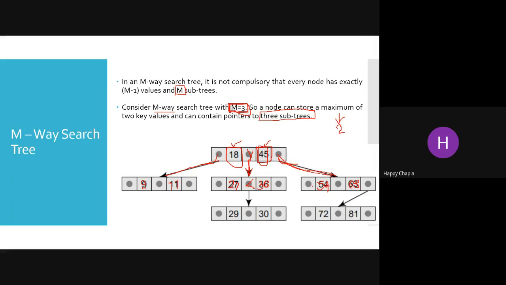Okay, 81. So 54 is less than 81. So jump over here. 63. So 81 is greater than your 63. Yes. So you can insert 81 over here, but you cannot. Why? Because the limit of this node is exceeded. इसमें आप कितने स्टोर कर पाओगे? मैक्सिमम यू कैन इंसर्ट ओनली 2. Okay, so you cannot insert 81 over there.